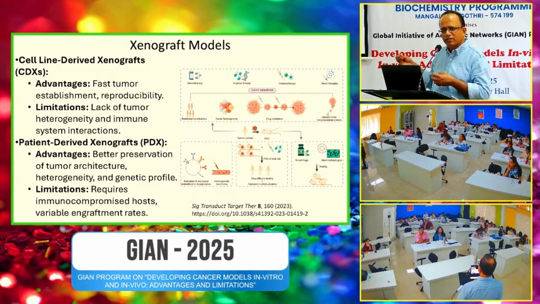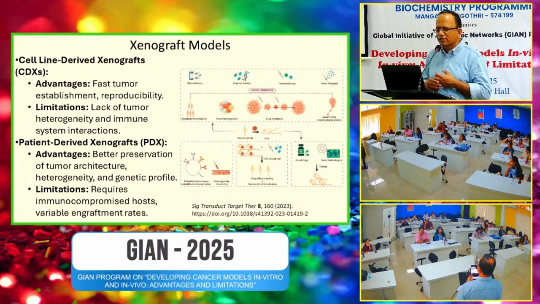But the problem in this study is that you need an immunocompromised host, so that's expensive. You have to make the mice immunodeficient, and then you have to study the human tissue in them, because you have to develop those kinds of mice. It's very expensive.